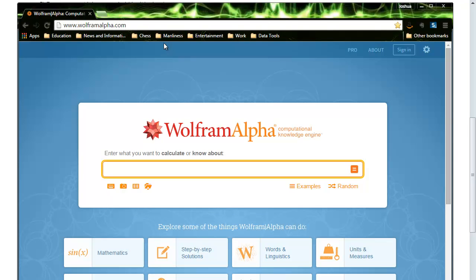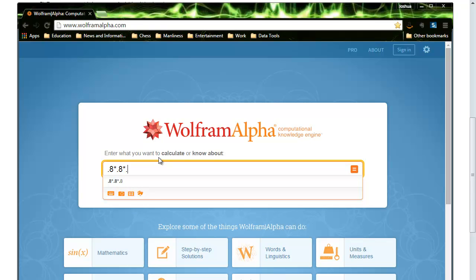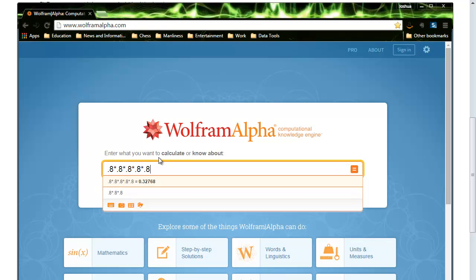So I'm going to switch over to my handy dandy Wolfram Alpha. I love this website. And so what we can do is 0.8 for the first operative, times 0.8 for the second, third, fourth, fifth, and sixth.